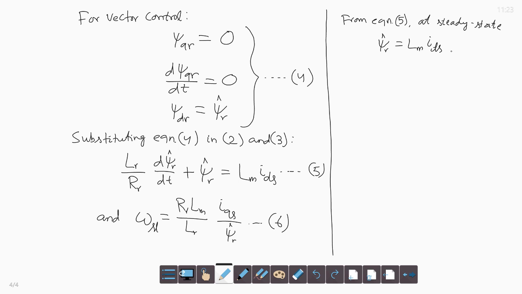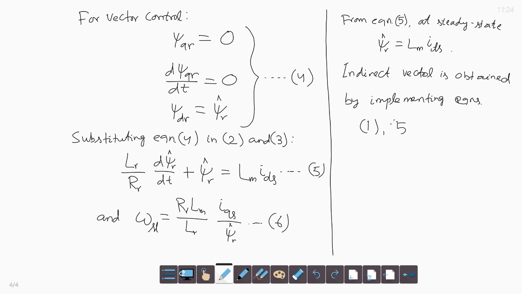And most important, indirect vector control is obtained by implementing equations 1, 5 and 6. Using these 3 equations, we can implement indirect vector control.